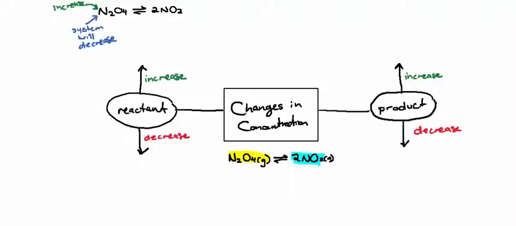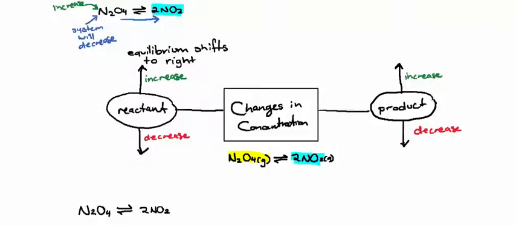Now, the way it will decrease the concentration of that reactant is by using it up and converting more into product. So what that means is the reaction is going to be pushed towards the right because it's going to be consuming more of this to decrease the concentration, which means it's going to go to the right and we're going to see an increase in concentration of our product. So it will increase the yield.